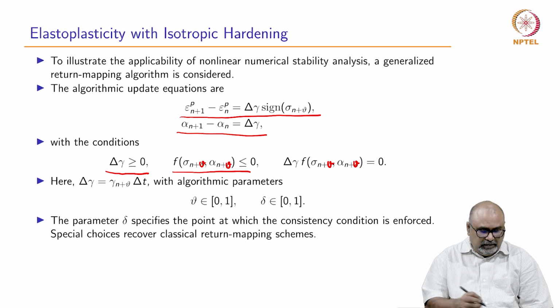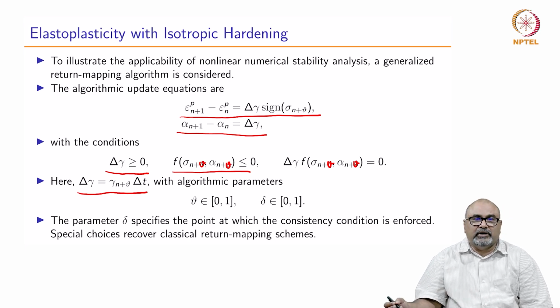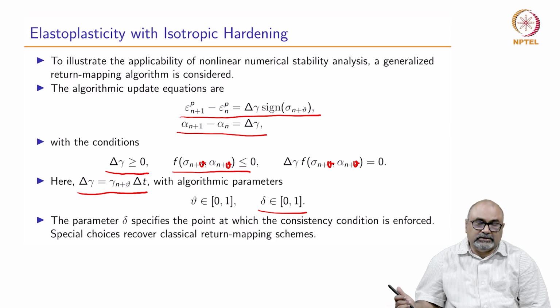So, here delta gamma is denoted as gamma n plus v times delta t, with the parameters that v belongs to 0 comma 1 and delta belongs to 0 comma 1. The parameter delta specifies the point at which the consistency condition is enforced.